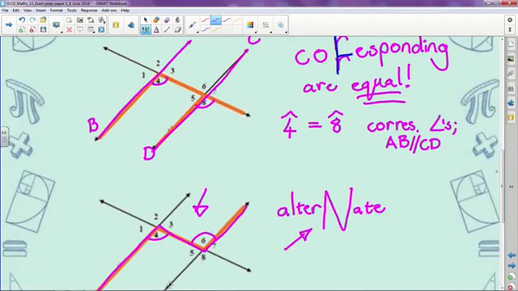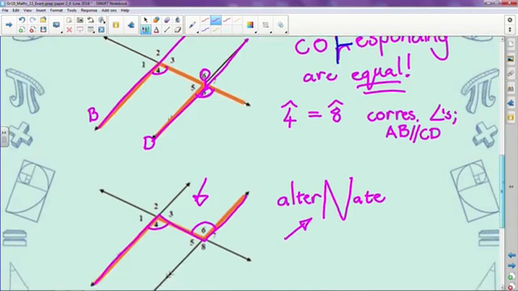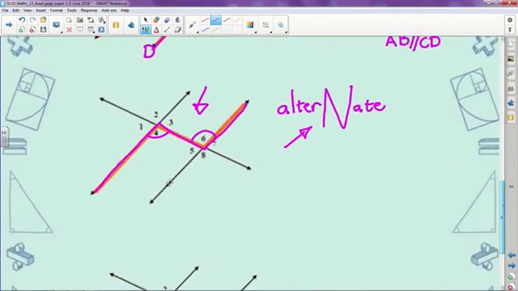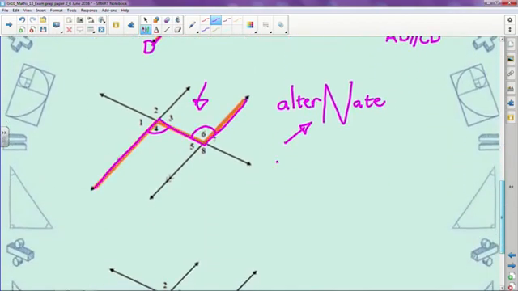And if we think about it, angle 6 is vertically opposite to angle 8, which means that angle 6 is equal to angle 8, which therefore means that angle 4 has the same value as angle 6.